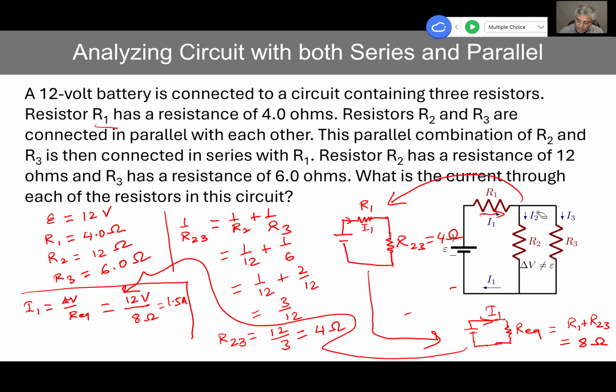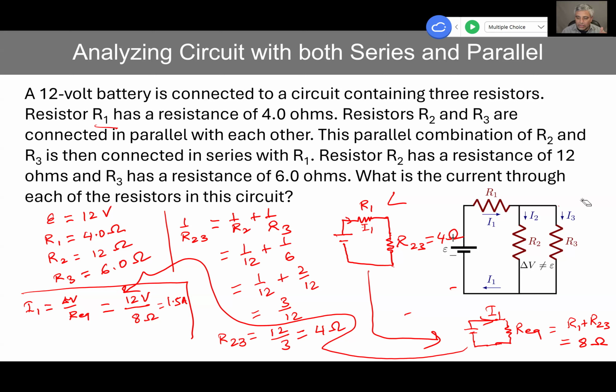Now we need I2 and I3. Okay, so the same 1.5 flows through R2 and R3 combined. So now how do I do that? From here we can do it two different ways.